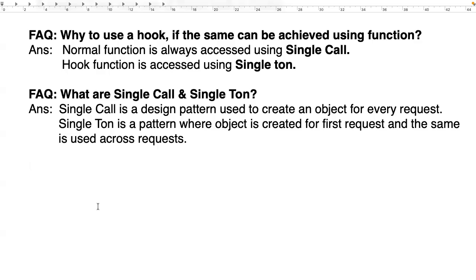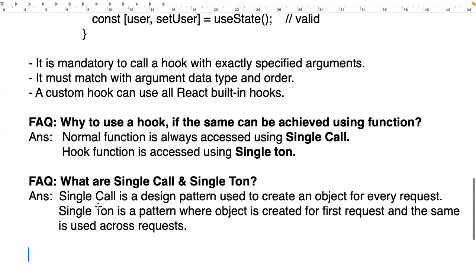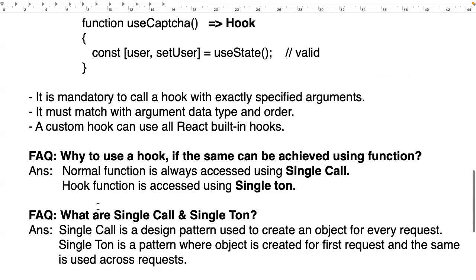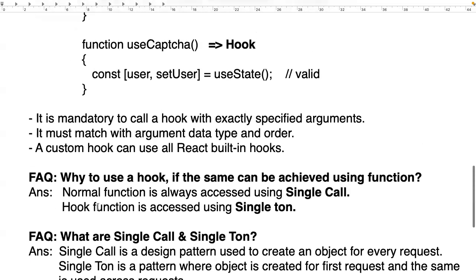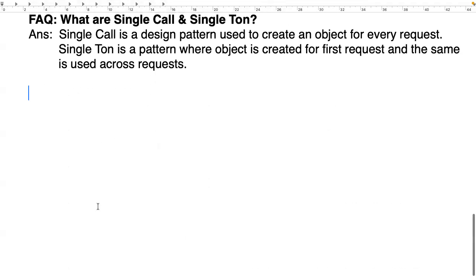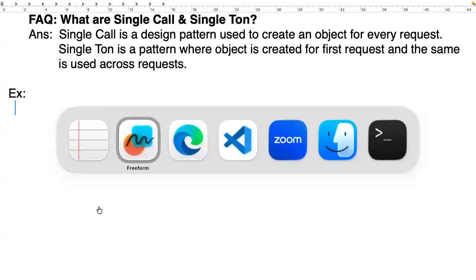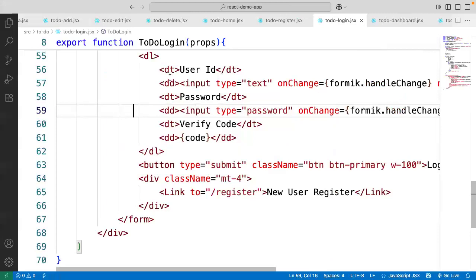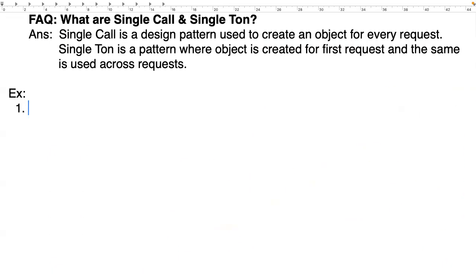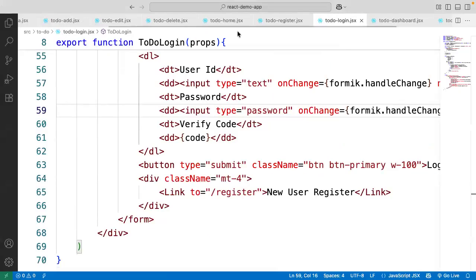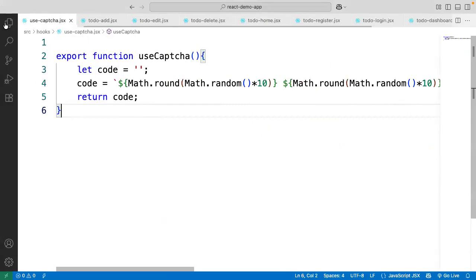So this is the purpose of single call and singleton mechanism. Now I will give one example for this. Let's create it in the SRC location. In SRC hooks, we have useCaptcha.jsx.